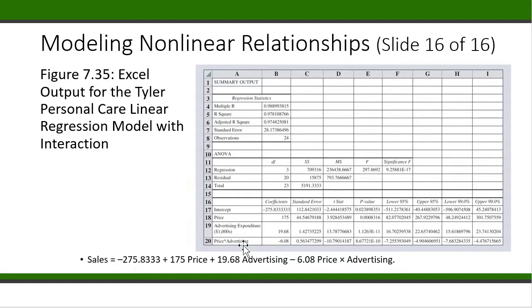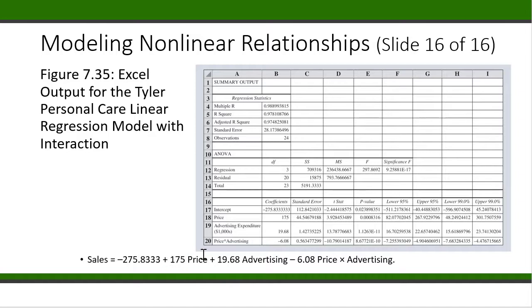So if we code our data so that we have another column that has price times advertising, and we run our regression model, we would get output similar to this. So we would see that sales, that's what we're predicting. Here's our intercept. Here's our coefficients for price, advertising expenditure, and price times advertising.